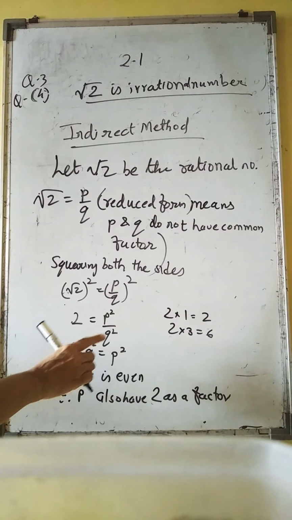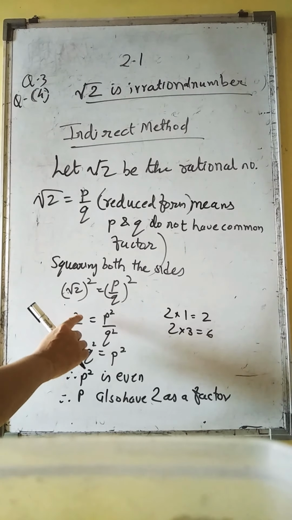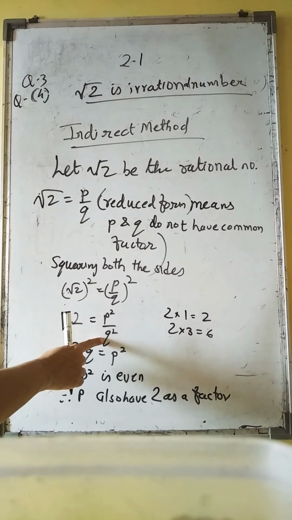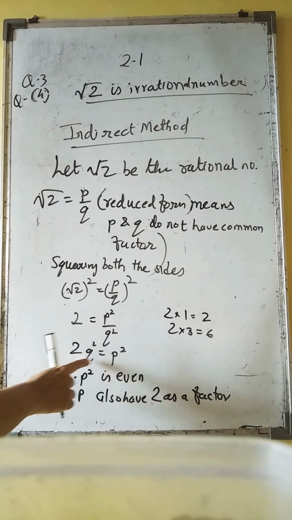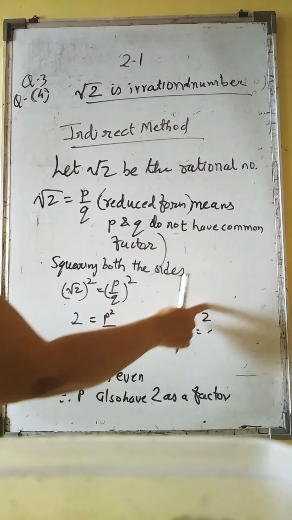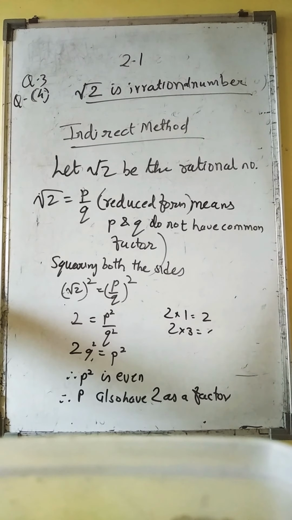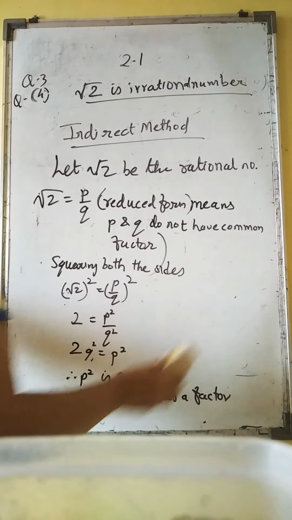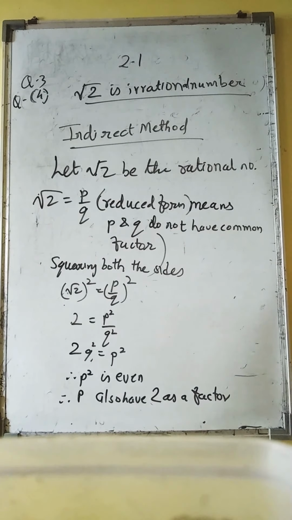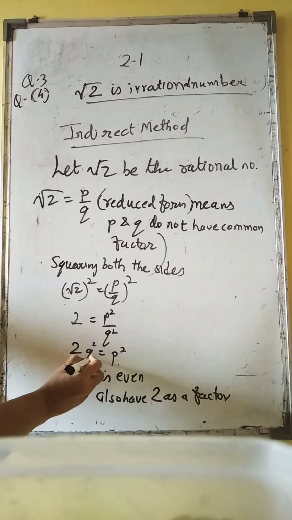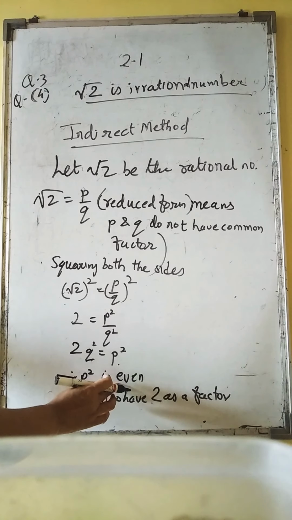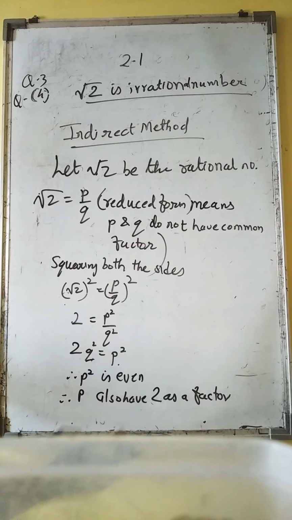Correct? I repeat my argument. Squaring both the sides, Q square taken here. Now 2 multiplied by anything number is going to be given even number only. So if your left hand side is even number, your right hand side is also even. So your P square is also even. So P also have 2 as a common factor, right?